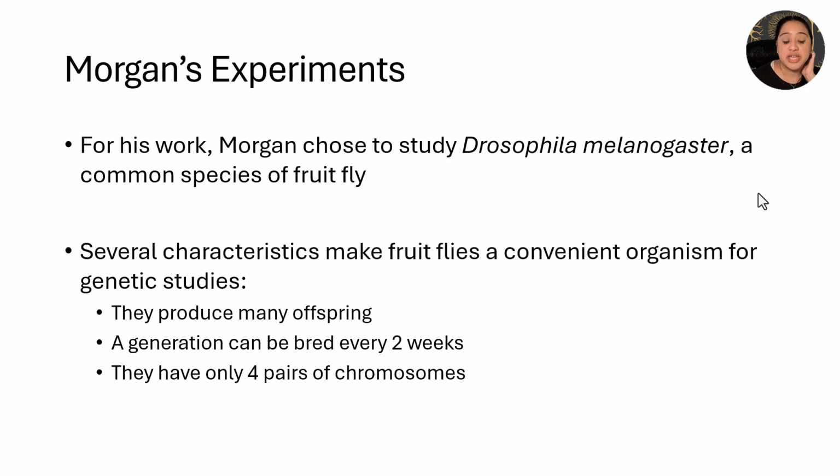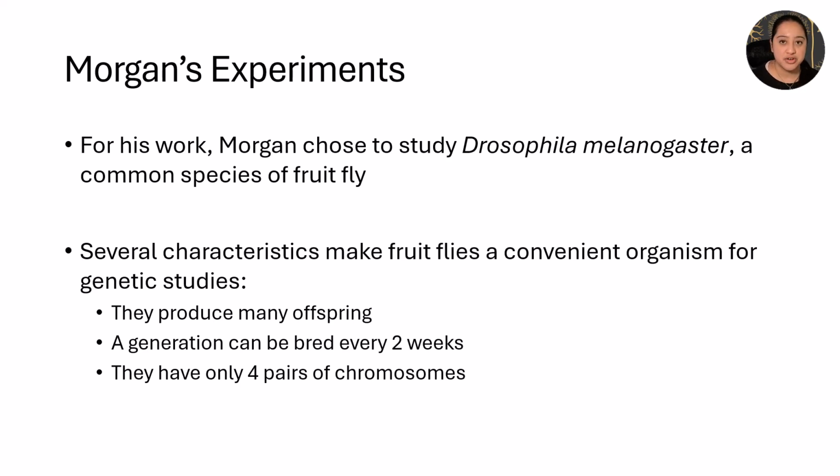Several characteristics made fruit flies a convenient organism for him and for genetic studies still. We use the fruit fly a lot. It's because they produce many offspring. It's really nice to be able to study genetics and inheritance when something has many offspring versus humans that have just one at a time.